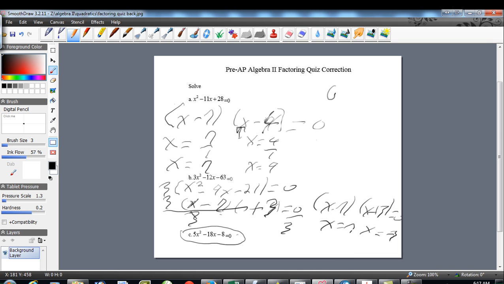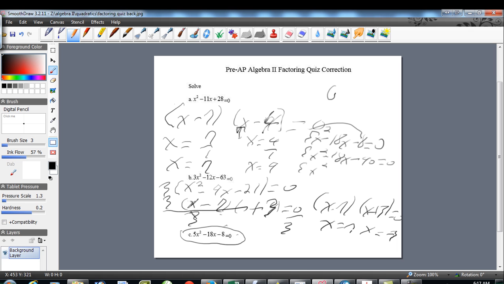This guy right here is 5x squared minus 18x minus 8 equals 0. Bridge over troubled water gives me 5x squared minus 18x minus 40 equals 0. That gives me 5x squared.